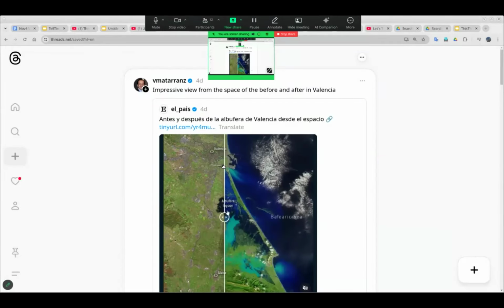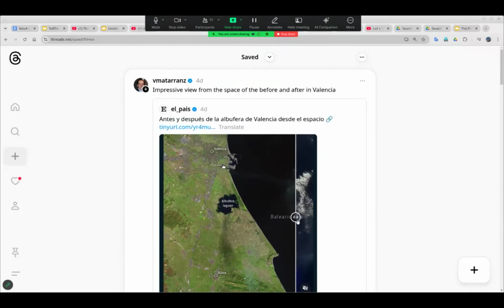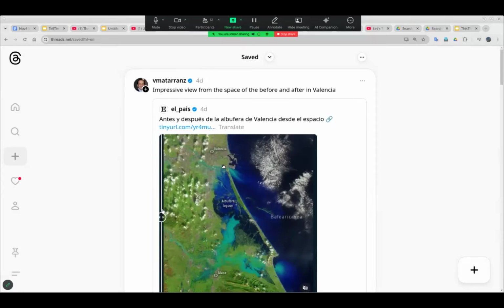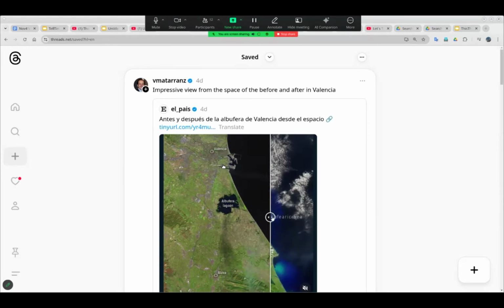The impressive view from space before and after in Valencia. Hubo una inundación. There was an incredibly bad flood. You may have read about it in the news if you read the news. In Spain, in Valencia. Valencia está al sur.